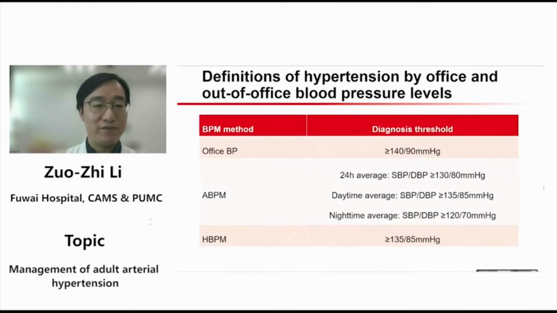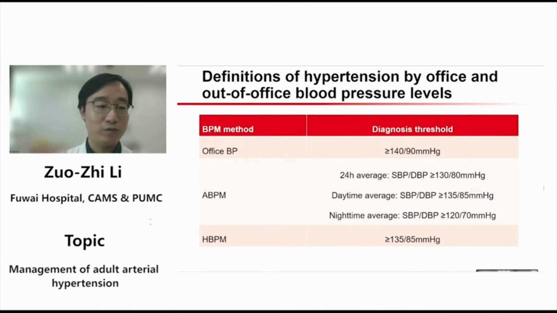Although the diagnosis of hypertension is mainly based on the repeated measurement of office blood pressure, out-of-office blood pressure is increasingly emphasized because of the advantages in evaluating all-time blood pressure, the nocturnal blood pressure, that is blood pressure during the night, and also to diagnose masked hypertension and white coat hypertension.